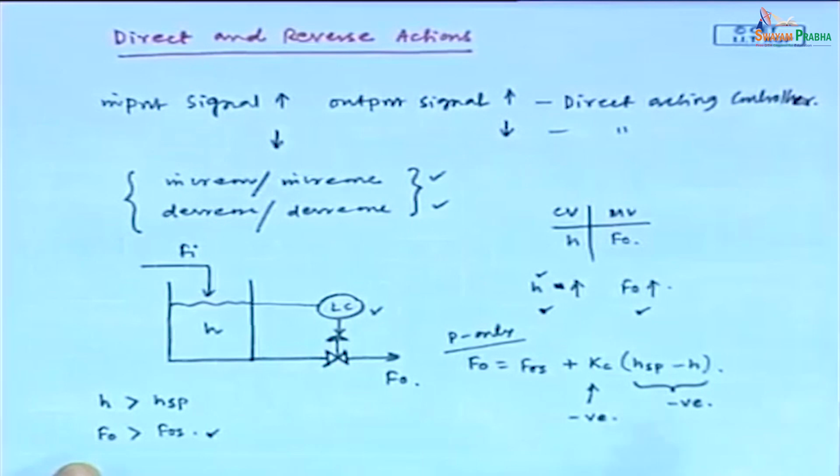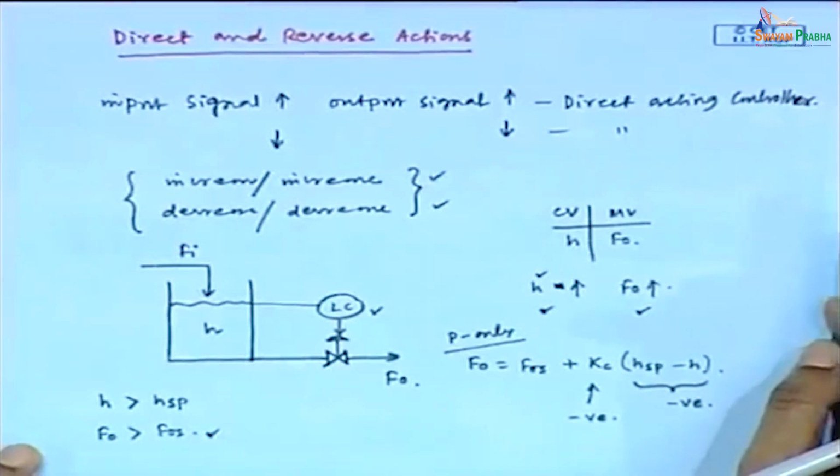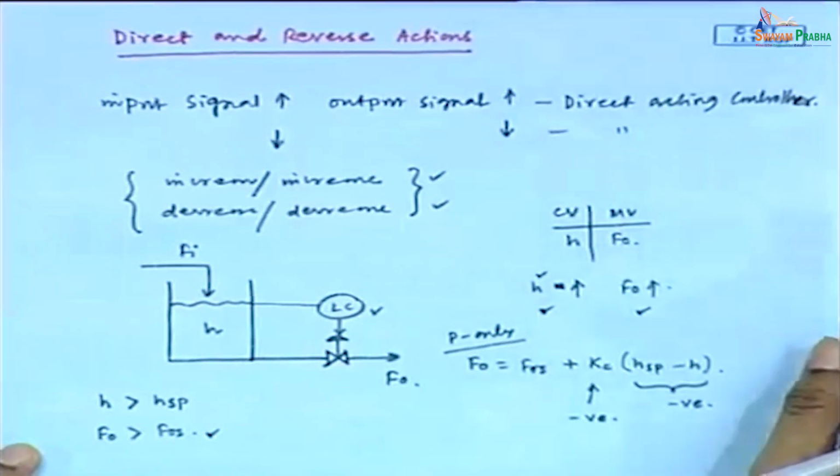So, we should remember that for a direct acting controller, the controller gain is negative. This is the most important feature of a direct acting controller.